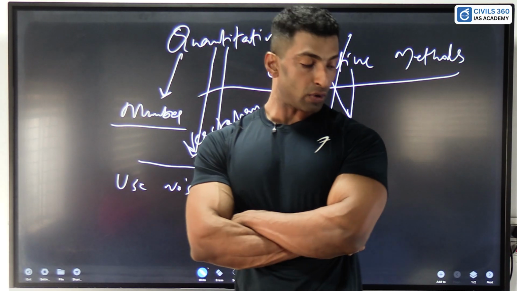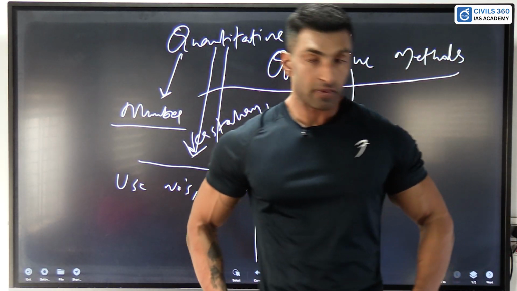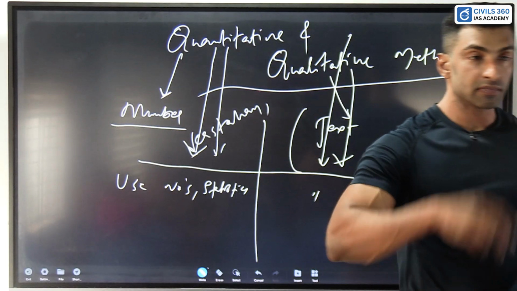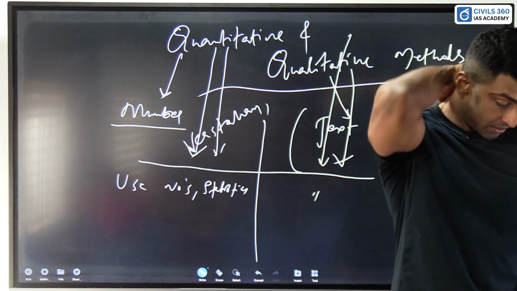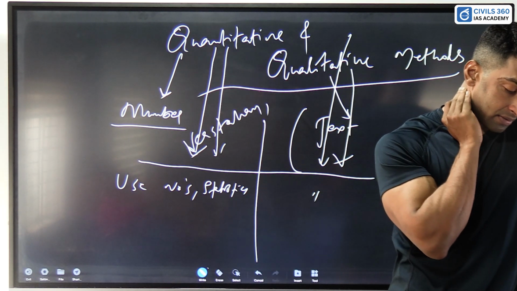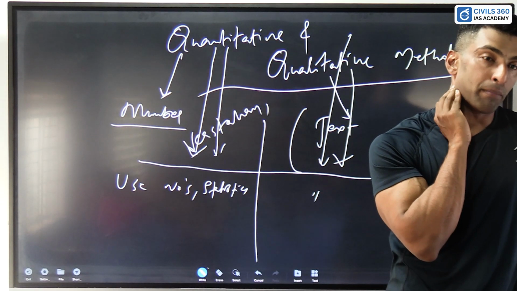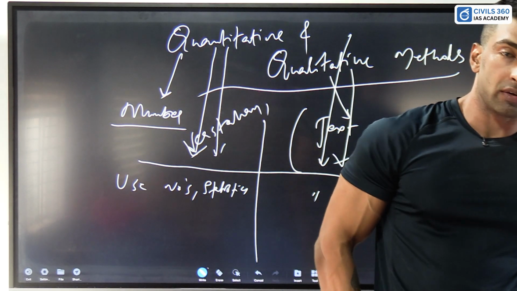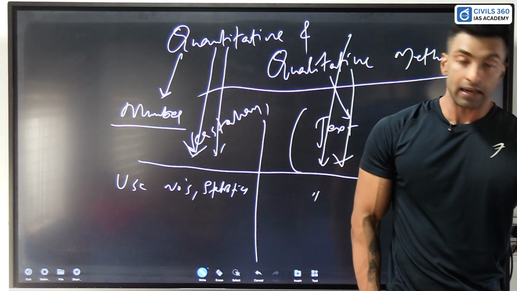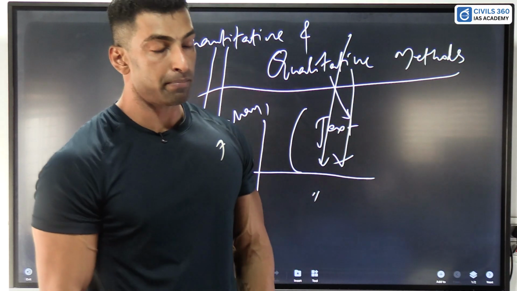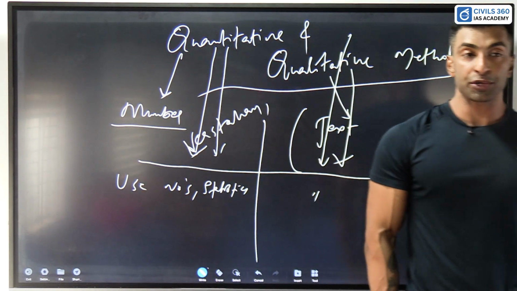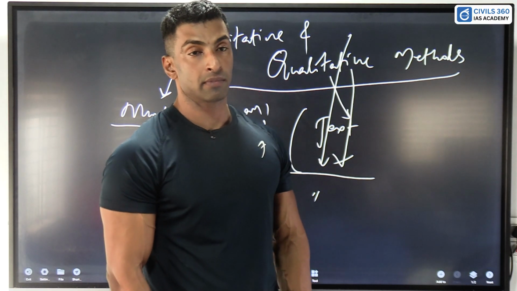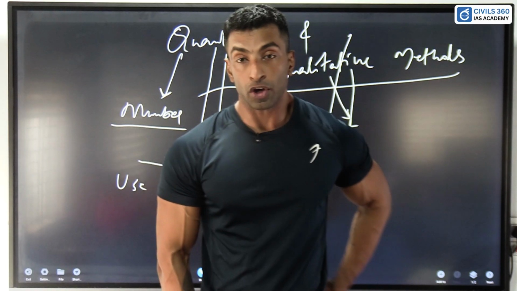Although both quantitative and qualitative methods are distinct and based on opposite theoretical assumptions, while comparing both, the relationship between the two is understood to be complementary rather than contradictory.